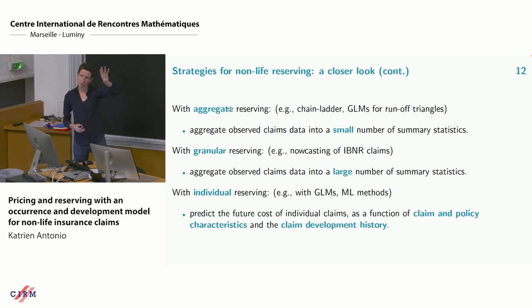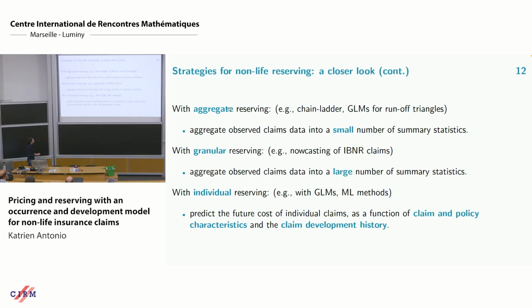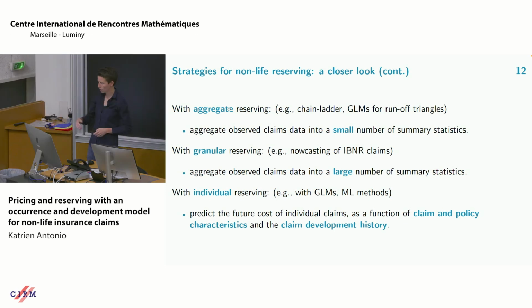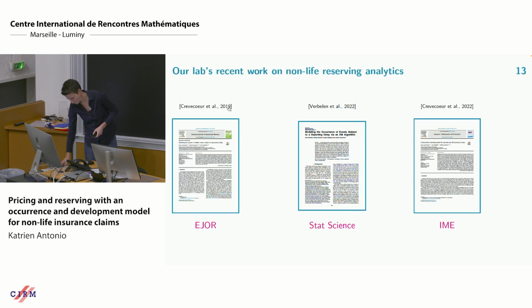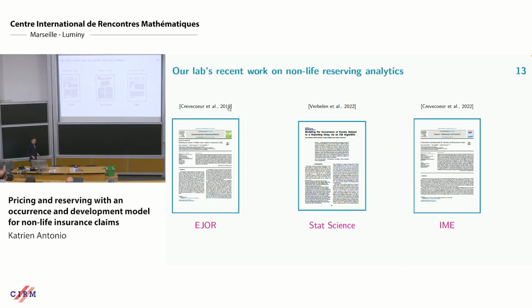I would say that's what people have recently been working with in the field of nowcasting of IBNR claims. And then eventually we have this case-by-case reserving where we can use either machine learning methods or GLMs, but we can work there with the development of individual claims over time.